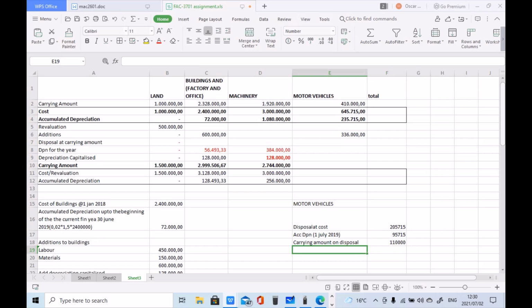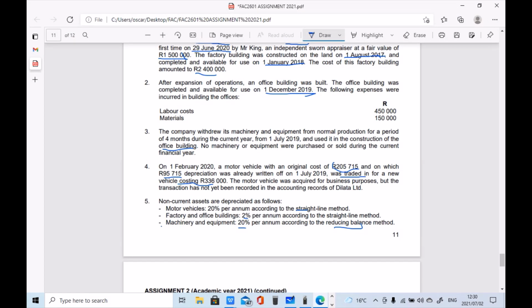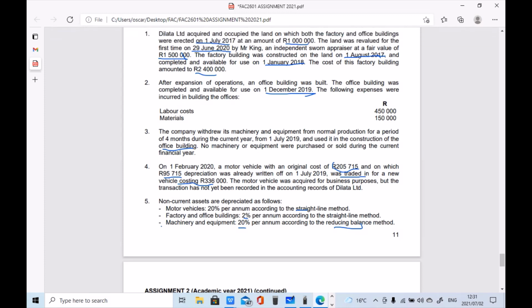Alright, now how are vehicles being depreciated here? Motor vehicles 20% per annum according to the straight line method. Okay, so we want to calculate the depreciation for the year up to the date the asset was disposed. So the asset was traded in on 1 February 2020.